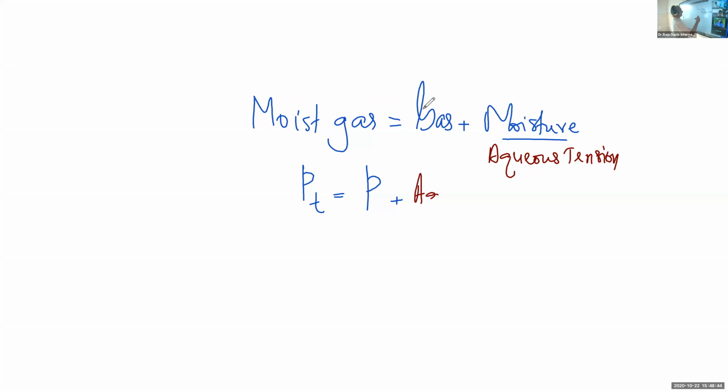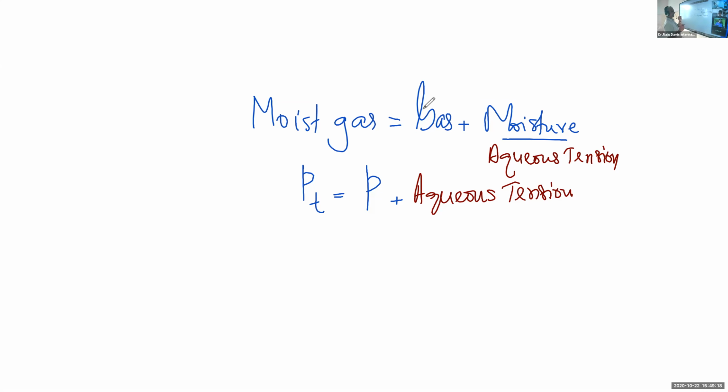So PT is equal to P plus aqueous tension, where PT is the total pressure of the moist gas. P is the partial pressure due to the dry gas, or you can say it is the pressure due to dry gas. And aqueous tension is the pressure due to moisture or water vapor.